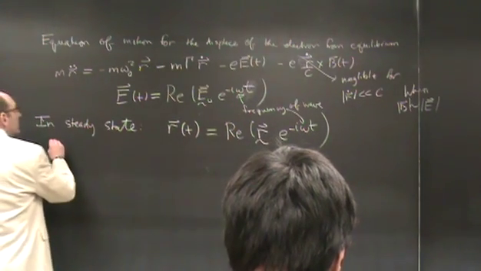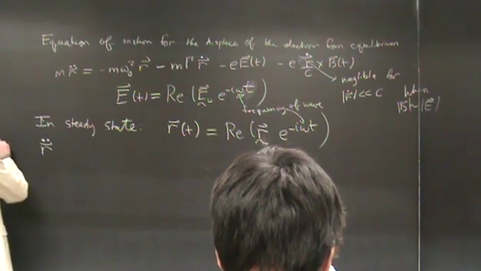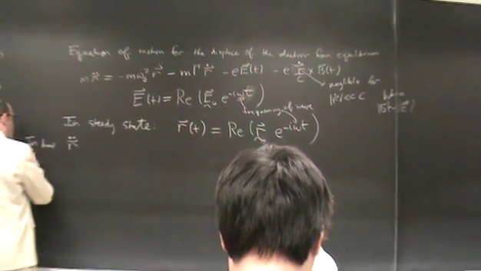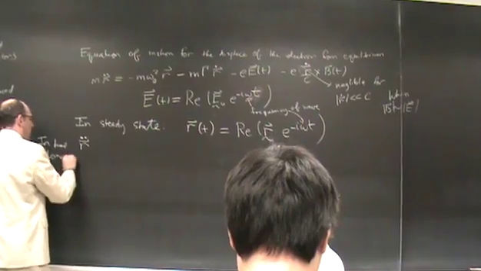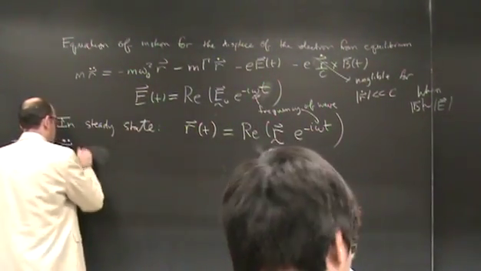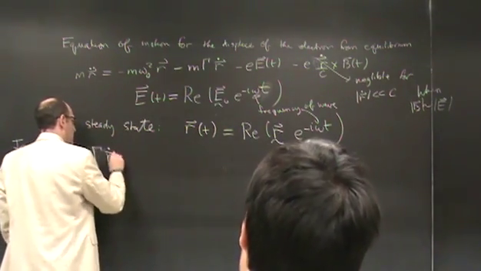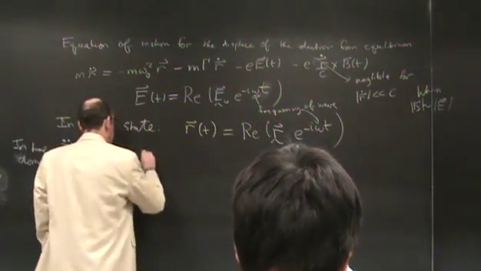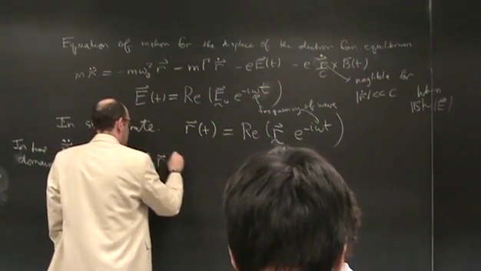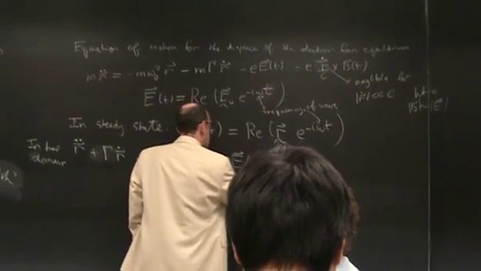If we have it in the time domain, we have R double dot plus gamma R dot plus omega 0 squared R is equal to minus E over m E(t).